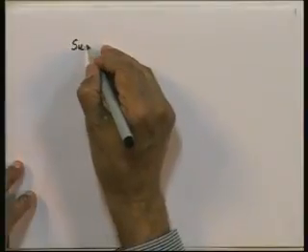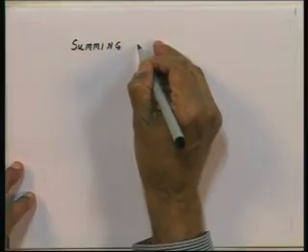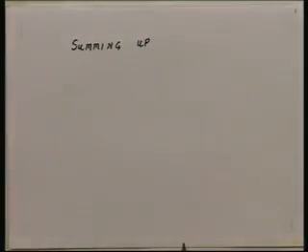Now, let me conclude today's lecture as well as this whole topic by summing up what we have done in this whole topic, the first three lectures, which we called the introduction. First of all, remember, we described various problems of interest to us in heat transfer.